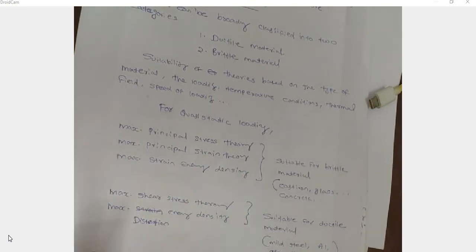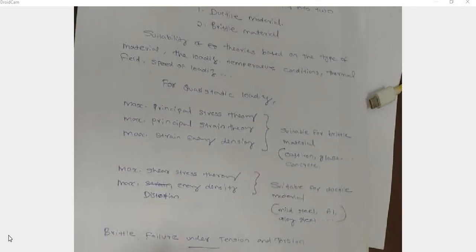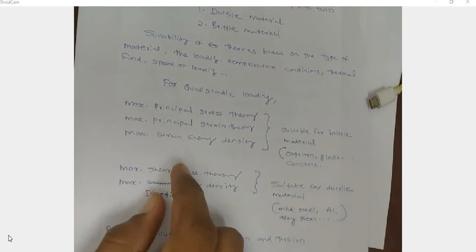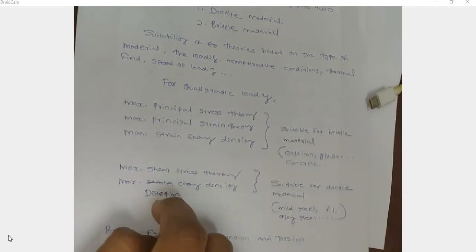The maximum principal stress theory, maximum principal strain theory, and maximum strain energy density theory are applicable, or accurate, for brittle materials like cast iron, glass and concrete. And the maximum shear stress theory and the maximum distortion energy theory are suitable for ductile materials like steel, mild steel and alloy steel, etc. So when we make a component with a ductile material, you have to design based on these two theories or criteria.